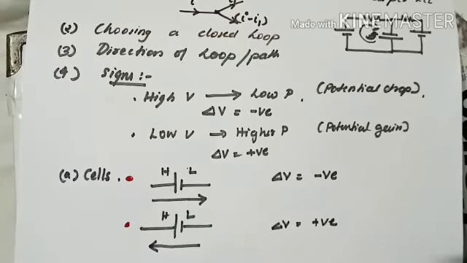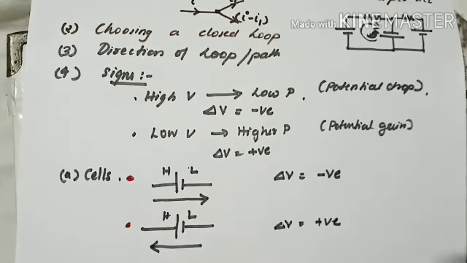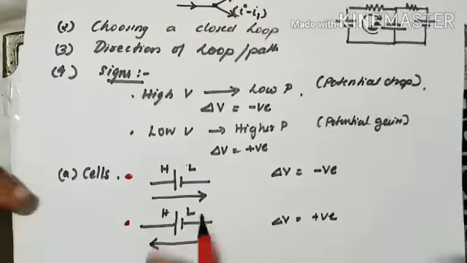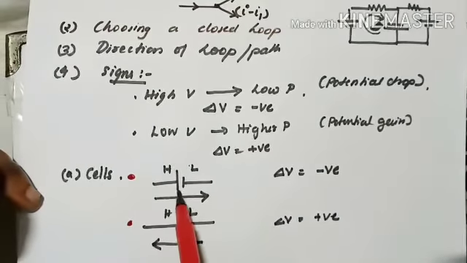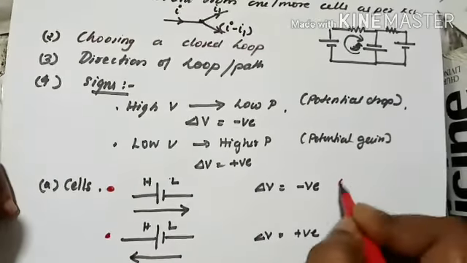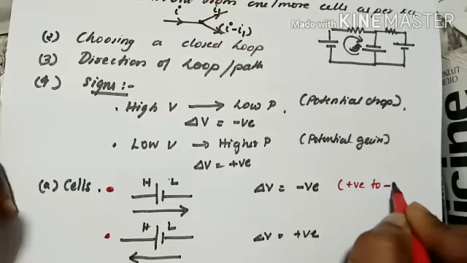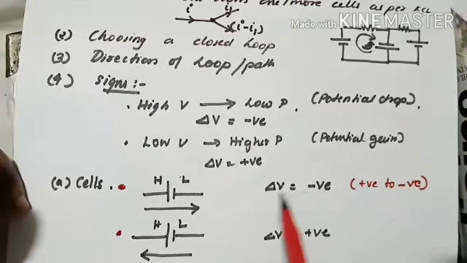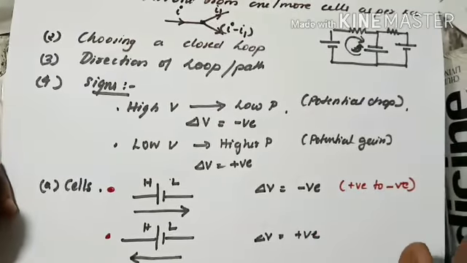Clear? Now I will make a small package so that you guys can remember it very easily while solving a circuit. When I move from the positive terminal, I move, not the current, while solving the circuit, from the higher, or positive, terminal to the negative terminal, then my voltage or potential is negative.